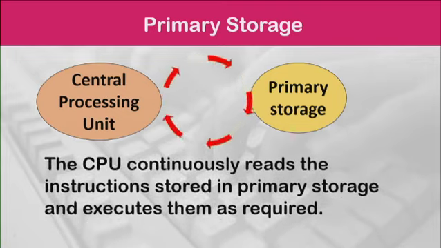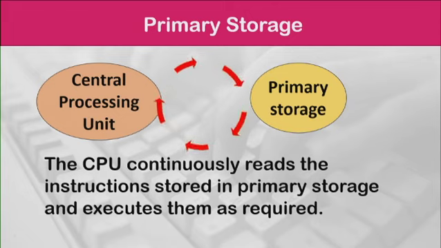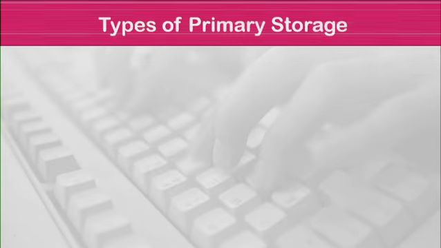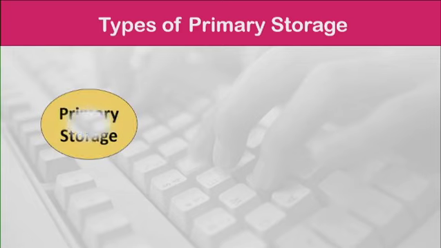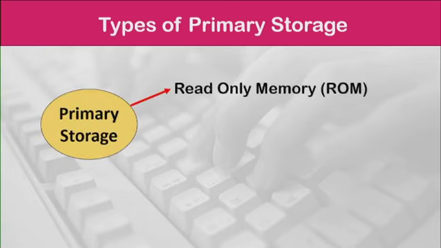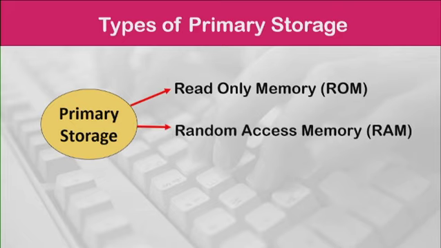The CPU continuously reads the instructions stored in primary storage and executes them as required. There are three types of primary storage: read-only memory, random access memory, and cache memory.